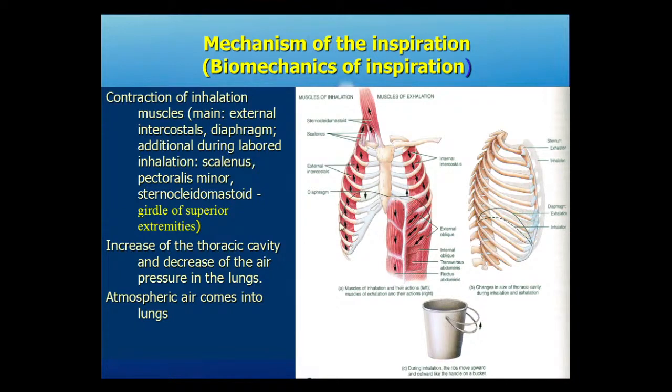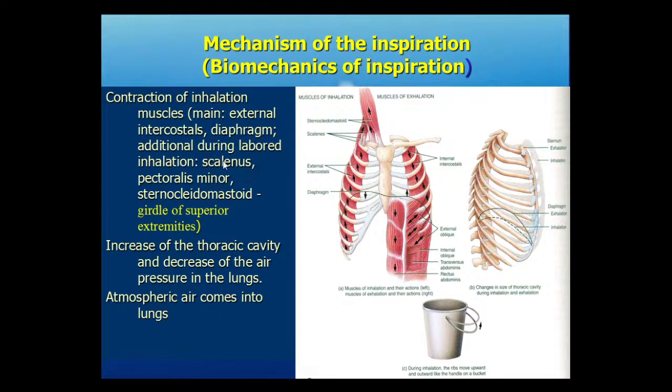You can see here a line which gives us the image of the position of the diaphragm, and its main muscles, the inhalation muscles. But when we have deep inhalation, we can observe participation of additional muscles.